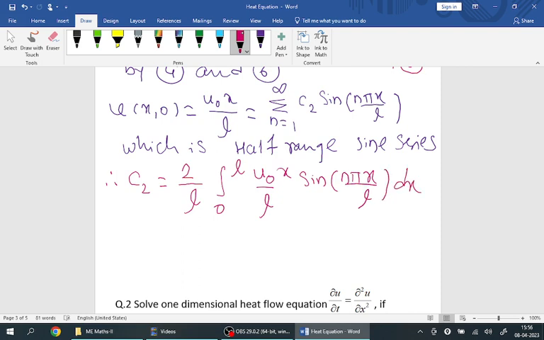Remember, u0 upon l is a constant, so 2 times u0 upon l square is outside.